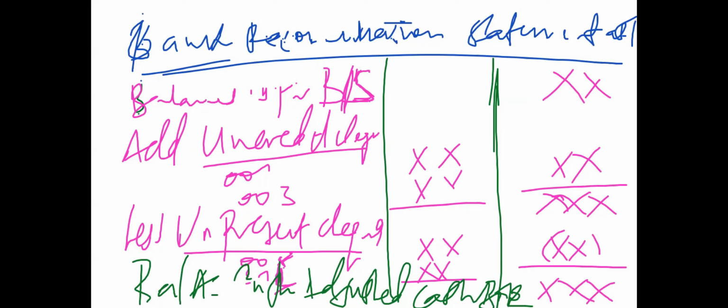So we started with the balance as per the adjusted cash book, which is that one. Because now when you start with the balance as per bank statement, then you must arrive at the balance as per adjusted cash book, meaning still you need to prepare the adjusted cash book.